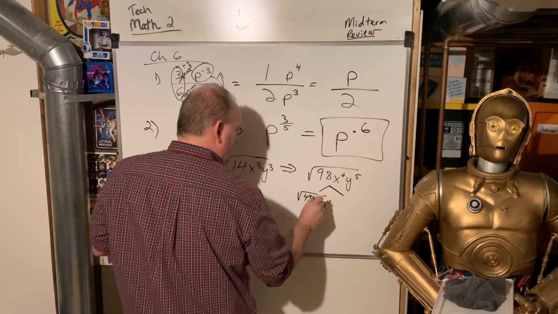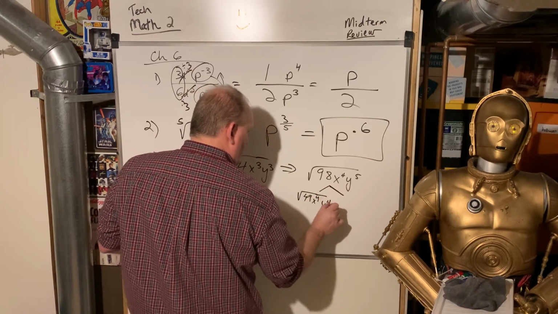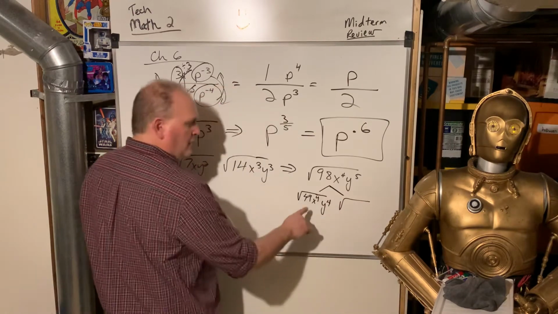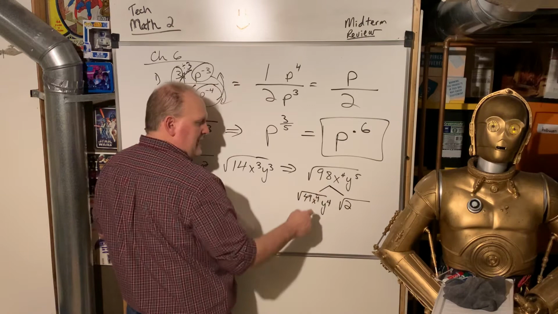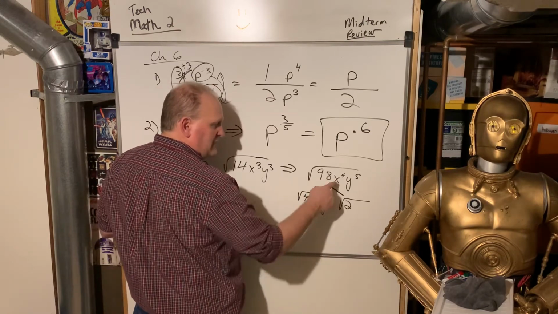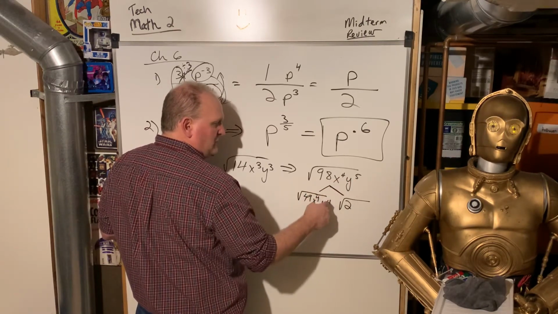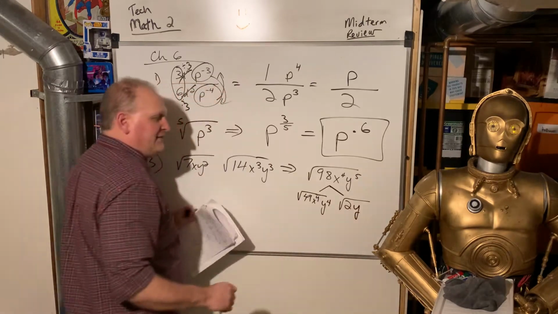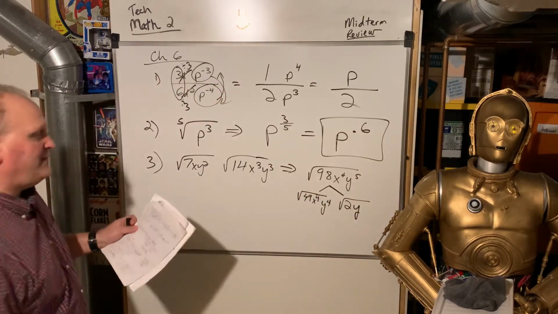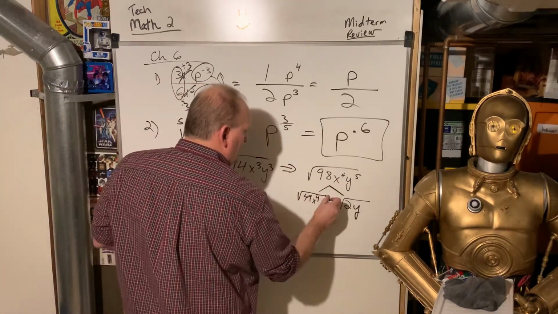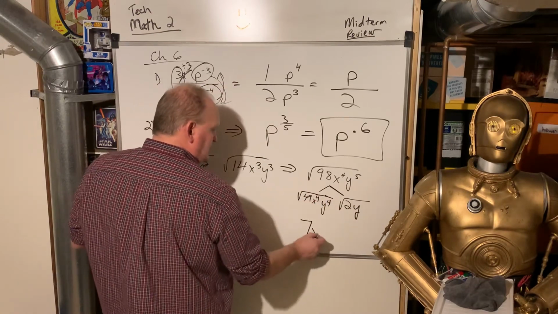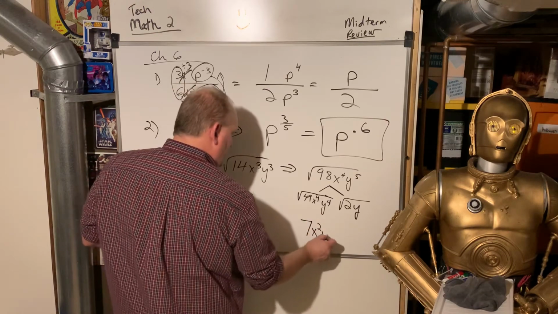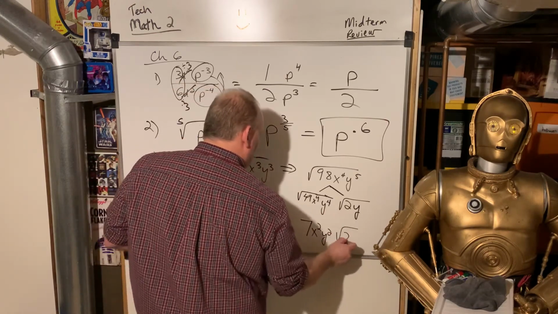I said 4, but I wrote 5. Okay, and then leftovers. Well, 49 times 2 is 98. X to the 4th, we've got them all taken care of. Y to the 5th, so there's y to the 4th there, so there's a y in the leftover bin also. Now, after you get it into perfects and leftovers, you can now execute this square root. And so 7 is out, x squared is out, y squared is out, and square root of 2y is stuck.